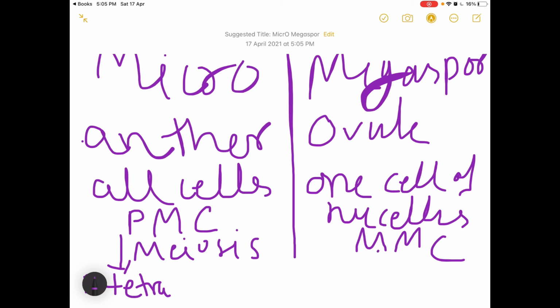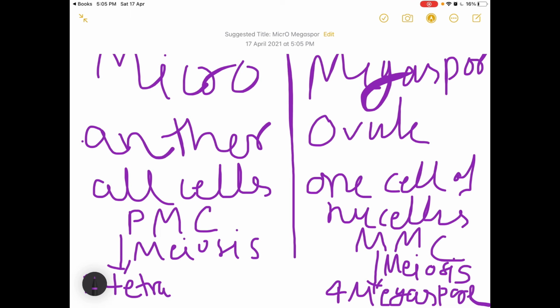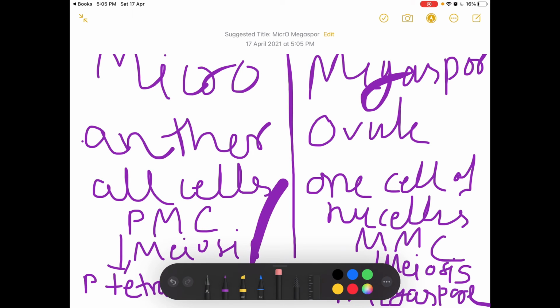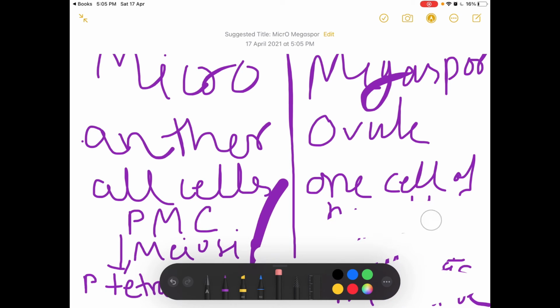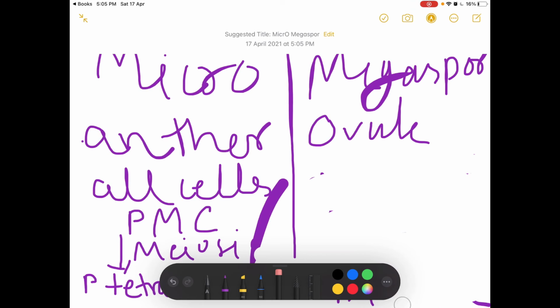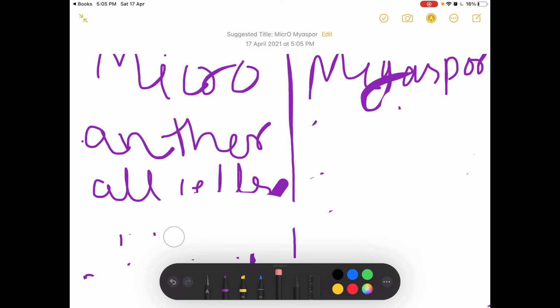But in MMC, there is also going to be meiosis or megasporogenesis, and it will form 4 megaspores. But from these 4 megaspores, only one will function as the functional megaspore. Only one, not all of the 4 megaspores.